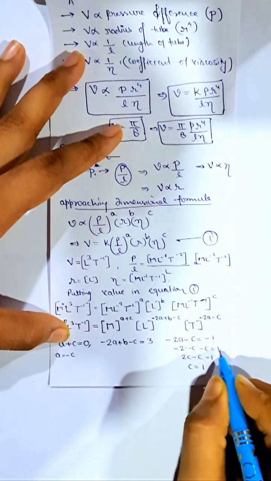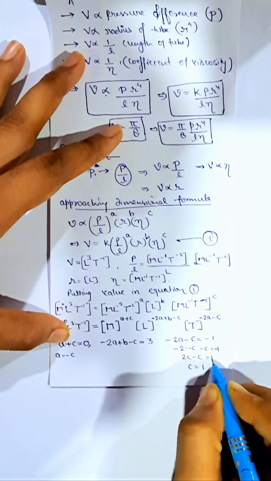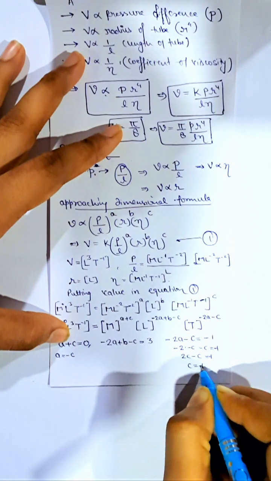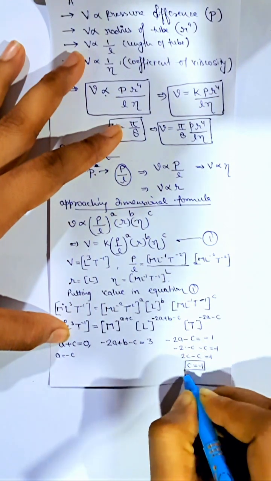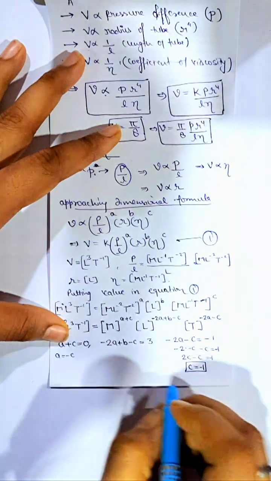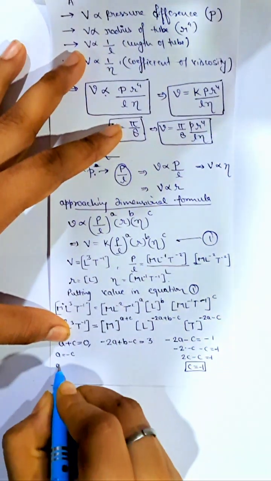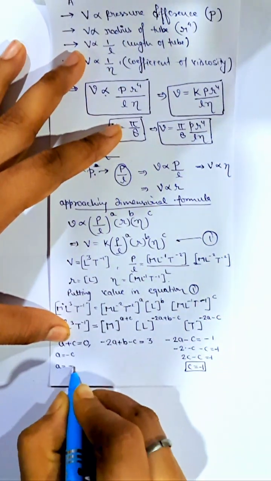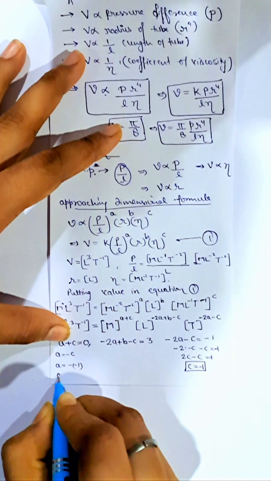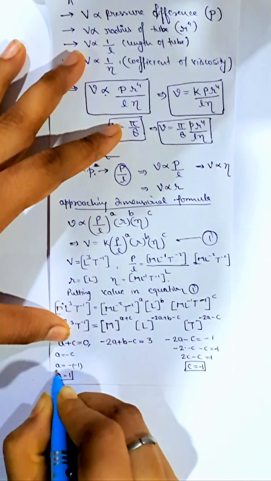Sorry, it is minus 1 here. So c is equal to minus 1. So if c is minus 1, a will be minus of minus 1. So a will be 1.